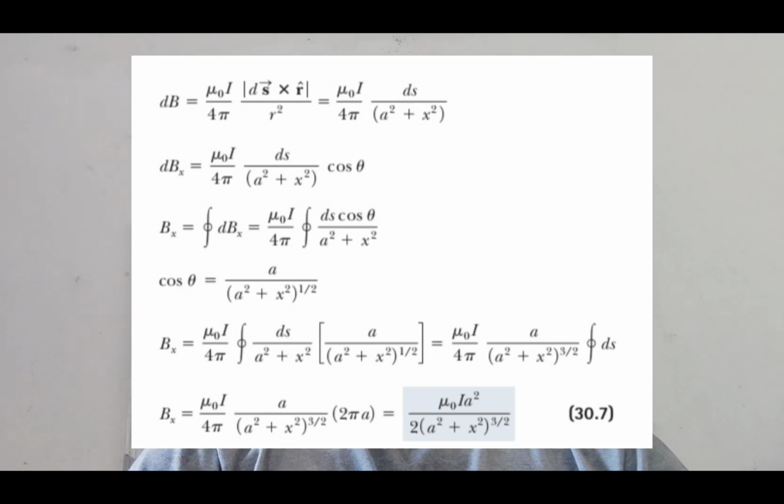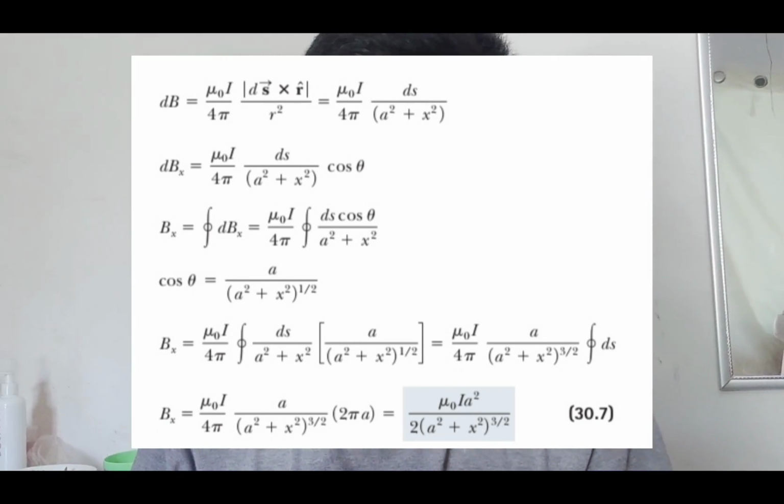So B sub x is equal to the integral of dB sub x, which is equal to mu sub 0 I over 4 pi times the integral of ds cos theta over a squared plus x squared. From the geometry, evaluate cos theta. Cos theta is equal to a over a squared plus x squared raised to the power of 1/2.